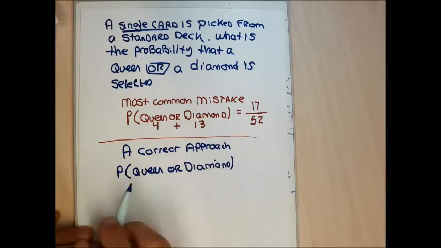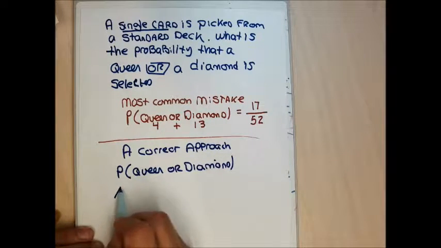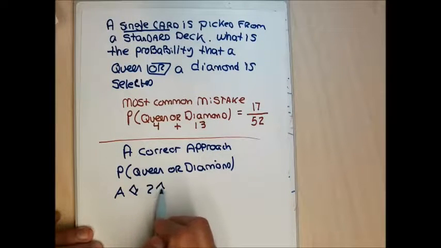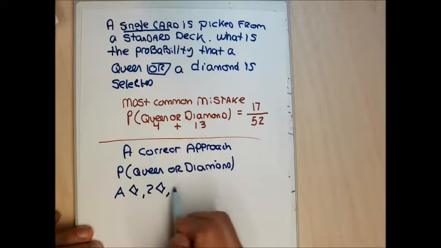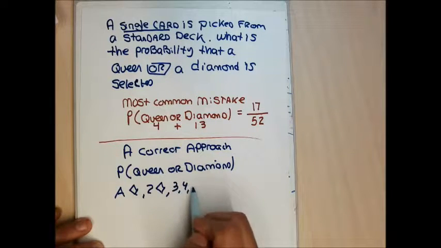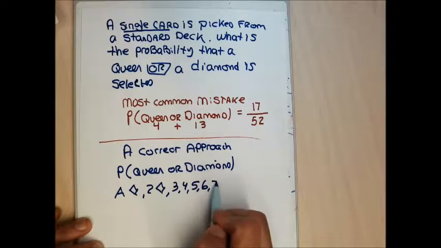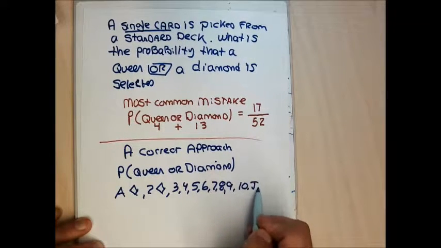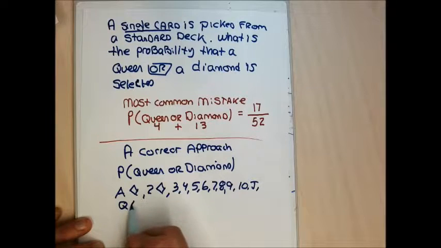So the cards that can be fine for this would be the ace of diamonds, the 2 of diamonds, I can't write diamond every time, the 3 of diamonds, the 4 of diamonds, the 5, 6, 7, 8, 9, 10, jack, the queen of diamonds, and the king of diamonds.